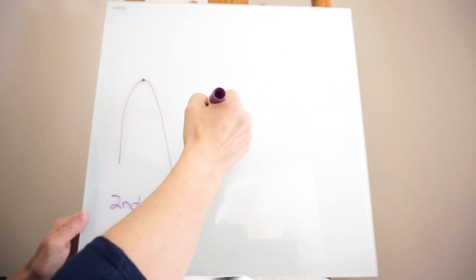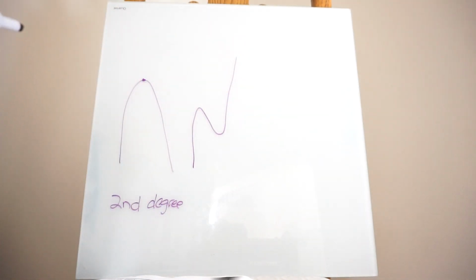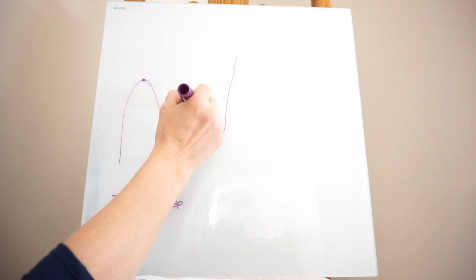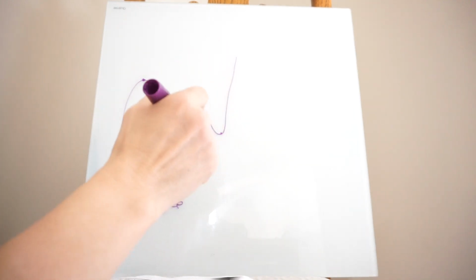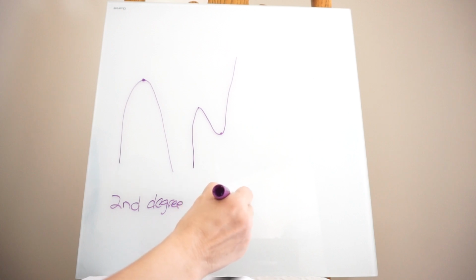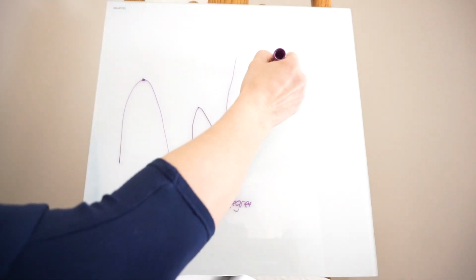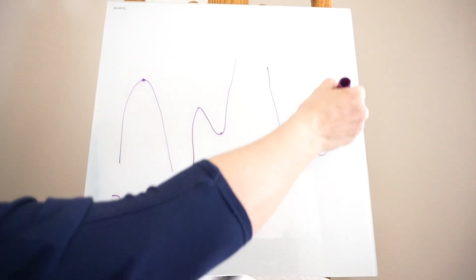For a third degree, it will at most have 2 turning points. So that would be a third degree, also known as a cubic function. Or if we have a fourth degree, it could have a shape like this.